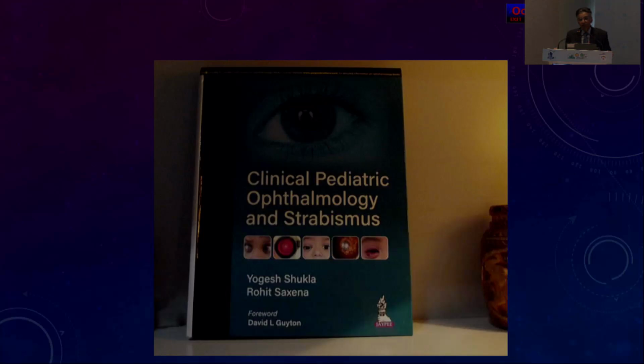It is a full textbook on clinical pediatric ophthalmology and strabismus. इसमें सब correction है. And all the how to correct in a child, refractive errors, amblyopia, everything is there. So you can buy it from JP Brothers, और जो आप लोग interested in pediatrics हैं सब clear हो जाएगा.